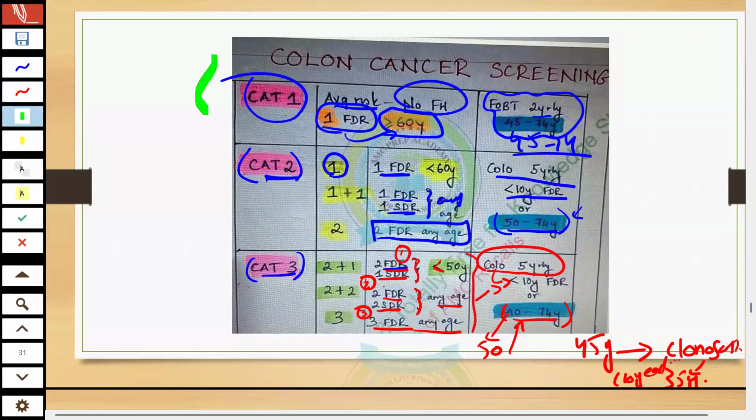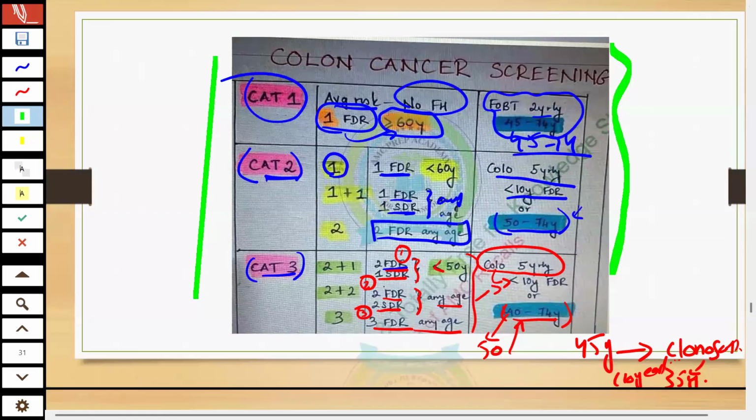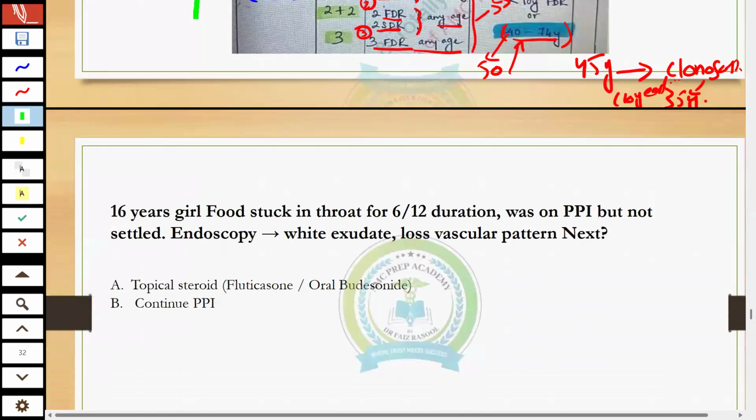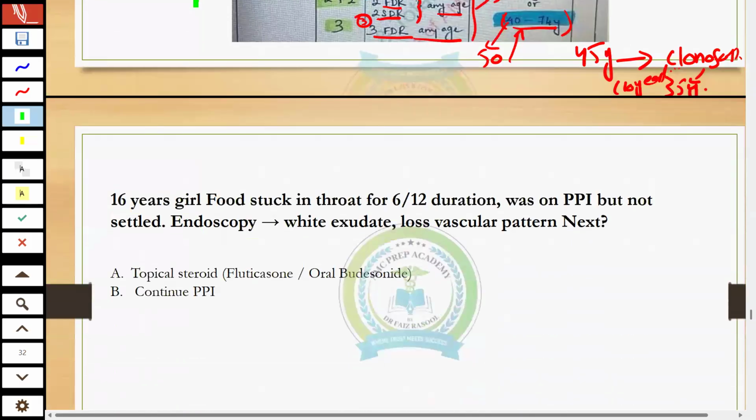This topic is extremely important, so please go through it, and I think it makes sense now, right? No need to repeat again. Okay, doctor, should we move to the next question? Yes. Okay, next question.